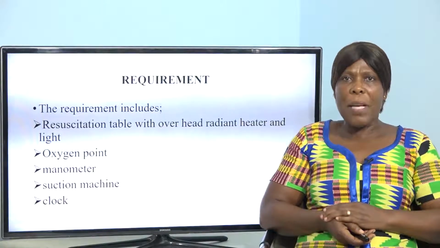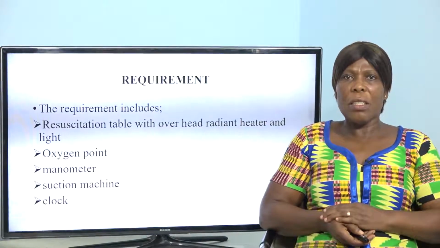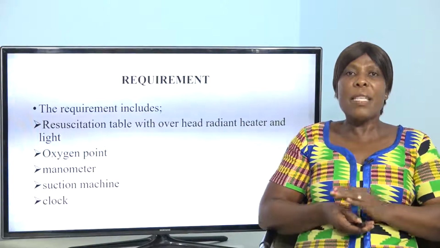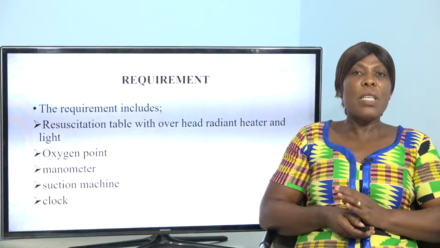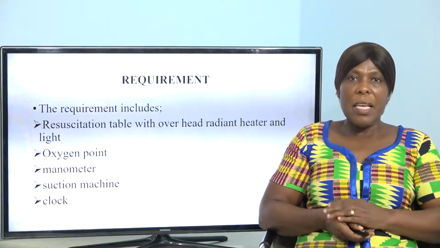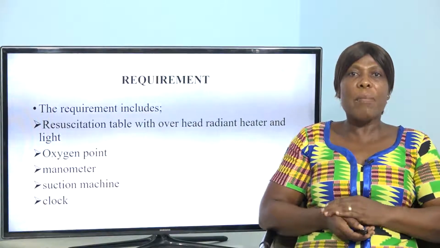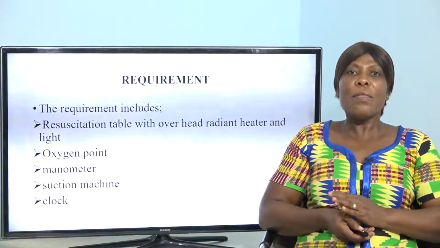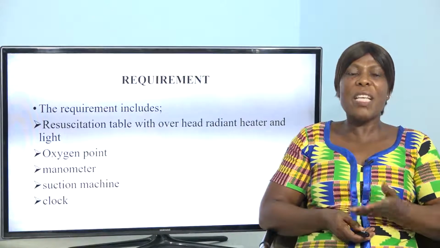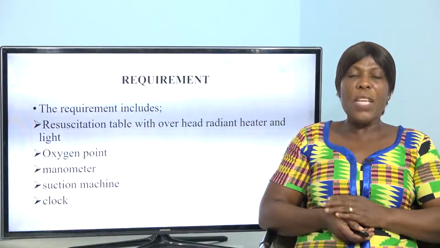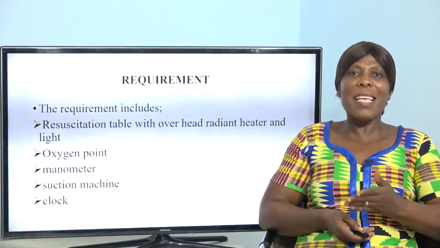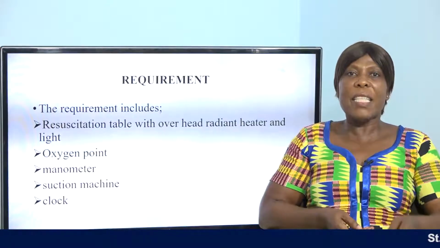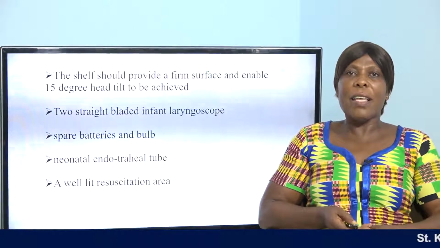What are the requirements for resuscitation? So we need a table with a radiant heater. We also need an oxygen point, a manometer to regulate the breathing in every aspect of the baby. We also have to suction the baby, so we need a suction machine. We need a clock that we can time the baby, the first minute, the 5th minute, and then the rest.